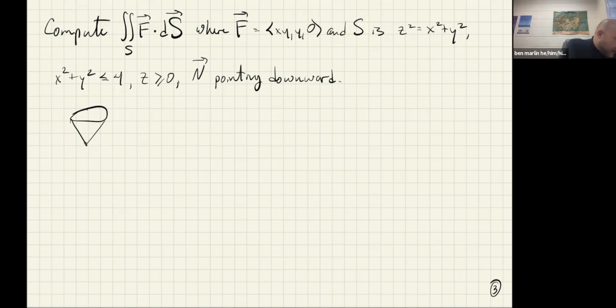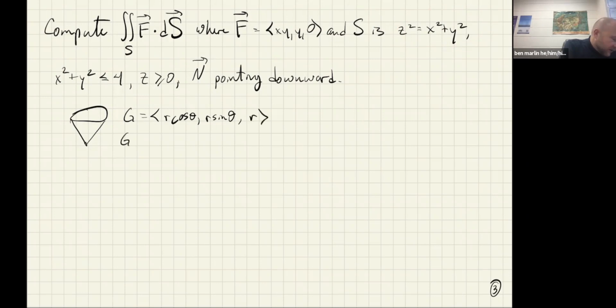So with our setup here, the G, I'm going to go ahead and do it with r and theta. So r cosine theta, r sine theta, and then the z. Notice over here we have z squared equals x squared plus y squared. Well, that means z squared equals r squared, so z is equal to r.